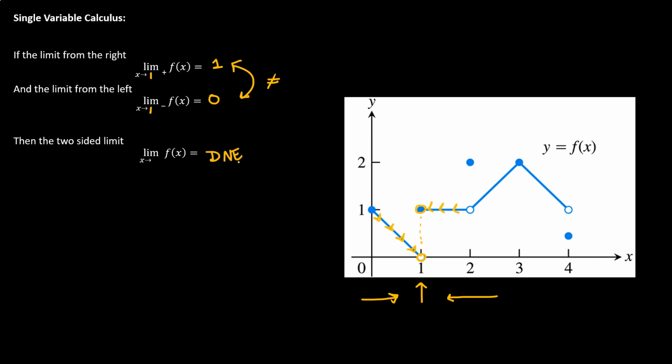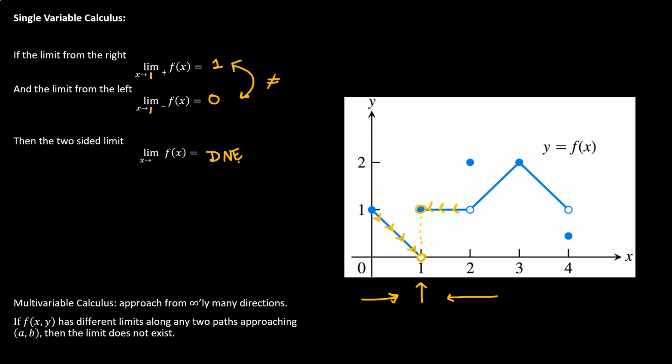The same idea is going to be used to show when limits do not exist for multivariable functions. But here's the trick, that we can approach our point from infinitely many directions. In single variable calculus, we're working with two-dimensional functions. You either come from the left or you come from the right.